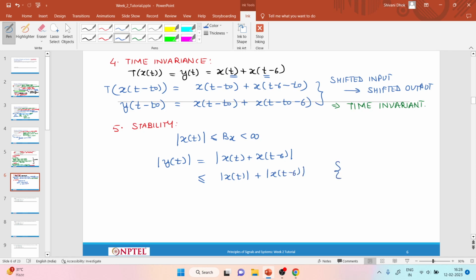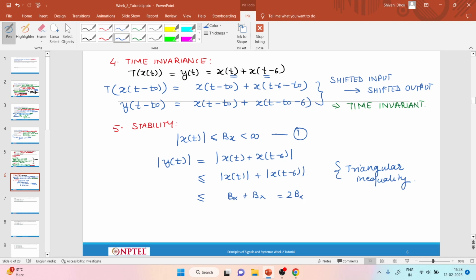Here I am using triangular inequality. And again using this bound, which is in equation 1, we can write this as less than or equal to bx plus bx, which is equal to 2bx.